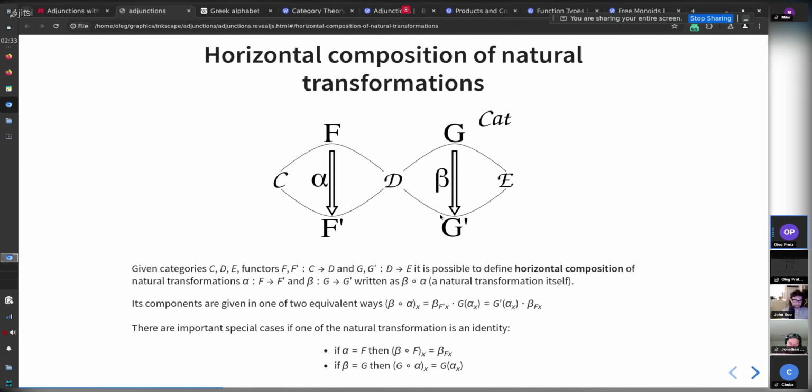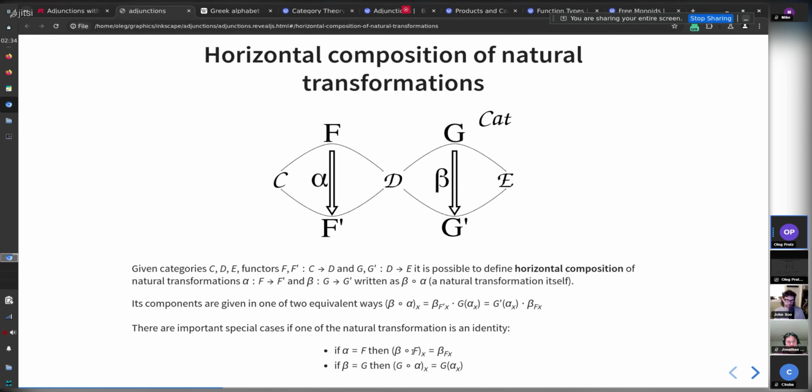And there are important special cases if one of alpha or beta is an identity. So the identity natural transformations. If you see this notation, that is the name of a functor in a place where there should be a natural transformation, just know this is the identity natural transformation on that functor.